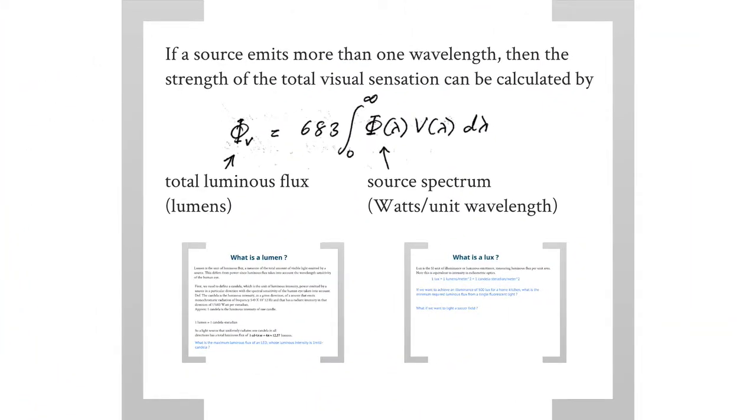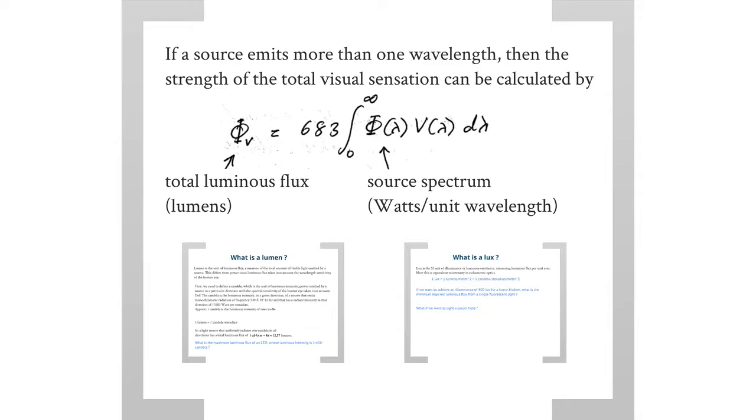Okay, so moving on. In general, of course, any source doesn't just emit in one wavelength. You get a whole range of wavelengths, which means that you need to do this integral. So if a source emits more than one wavelength, then the strength of the total visual sensation is the integral over all the wavelengths.